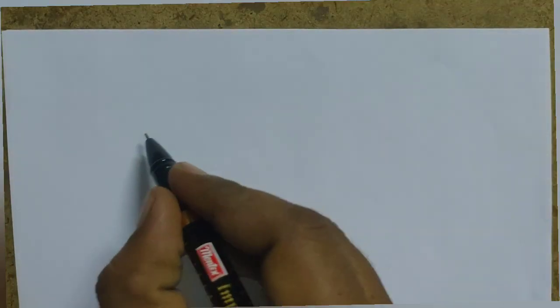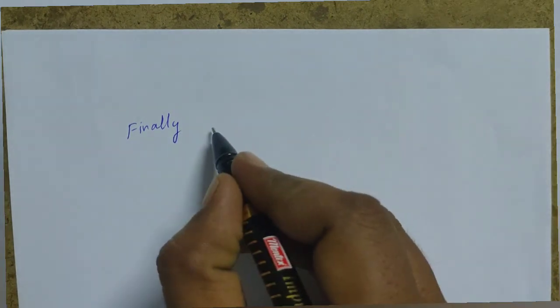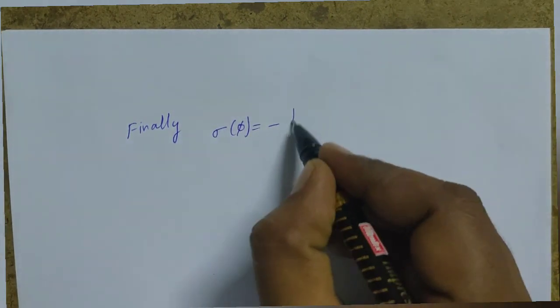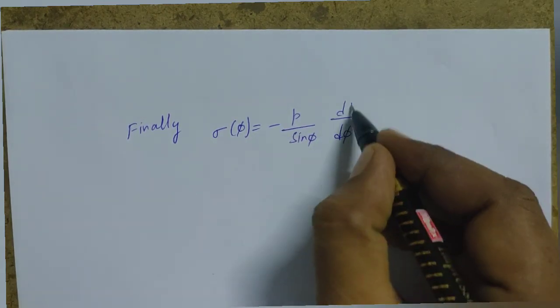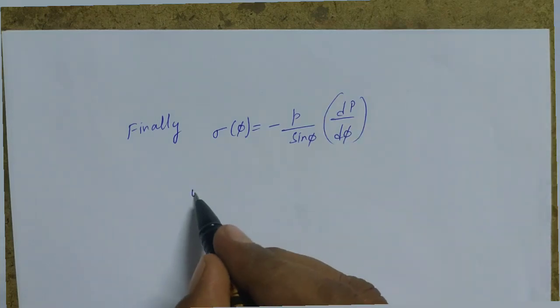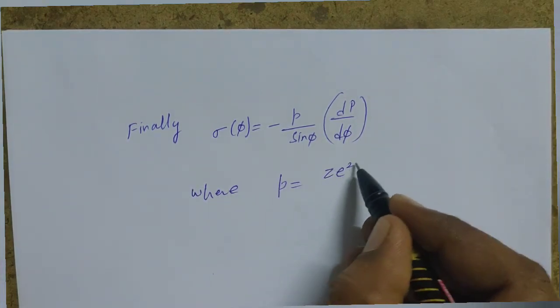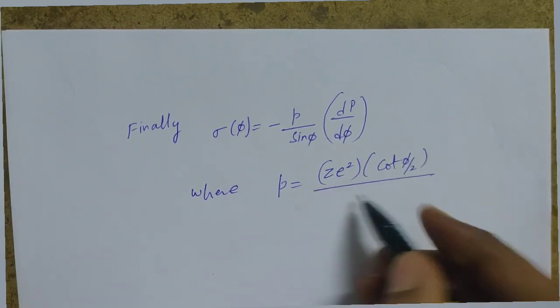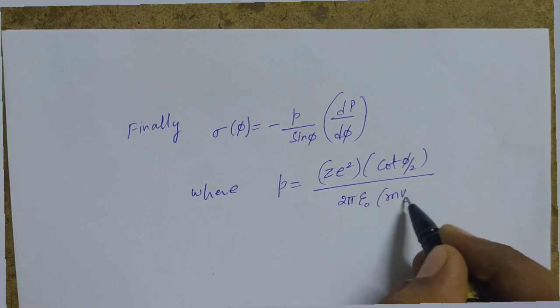So finally, the differential scattering cross section sigma phi will be equal to minus p into sin phi, so d by d phi of p, where we just now derived p will be equal to ze square into cot of phi by 2 divided by 2 pi epsilon naught m v naught square.